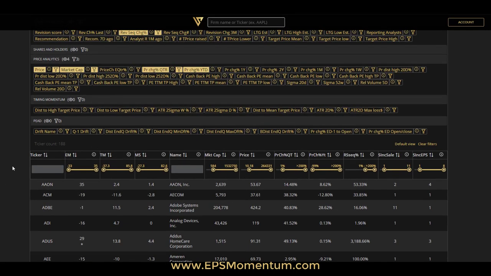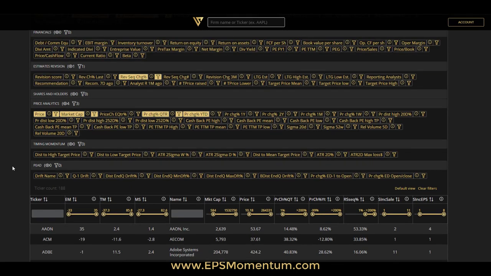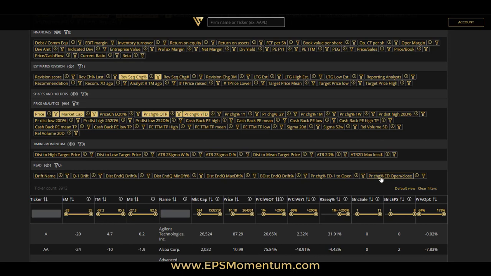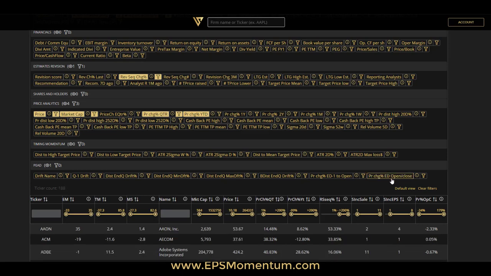The second thing that I want to do as well is know if institutions are actually buying into the stock. And the early sign of that is the current earning day, after the new earning numbers are reported.